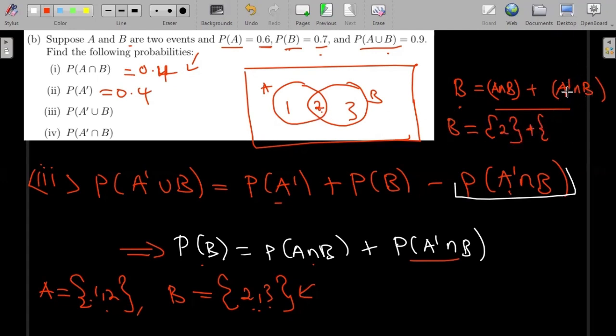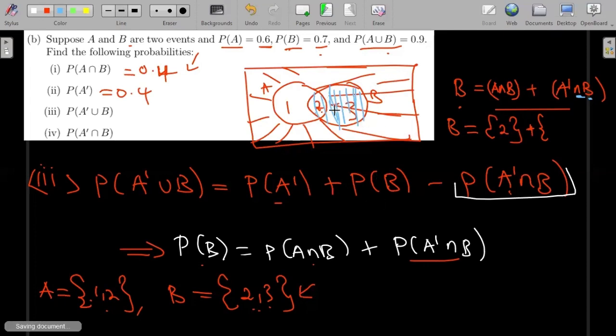What is A complement intersection B? A complement is everything that is outside A. And then I'm intersecting that with the set B, which is just this one here. Where can we see these red lines that represent the A complement crossing the blue lines of the B?